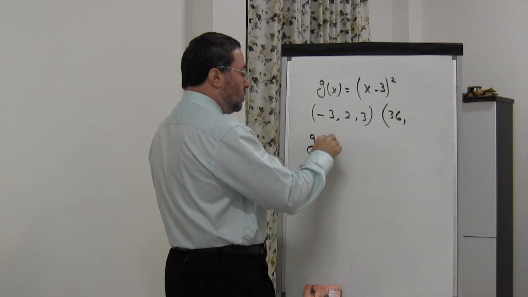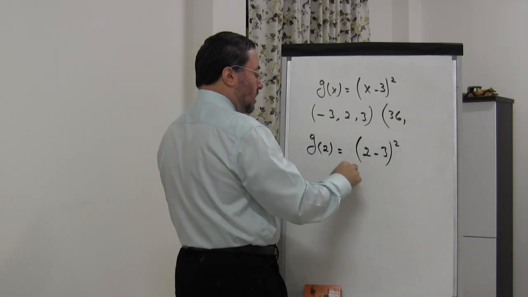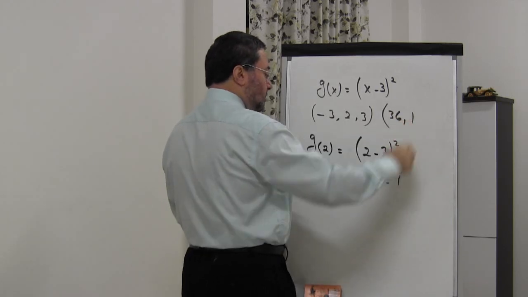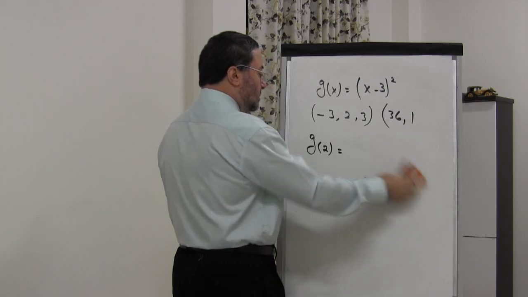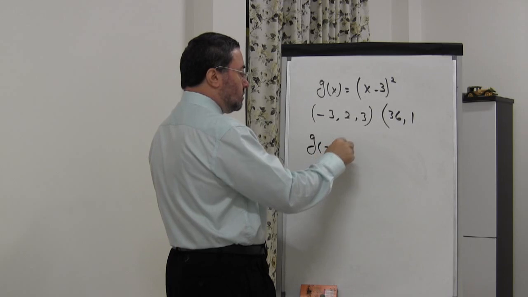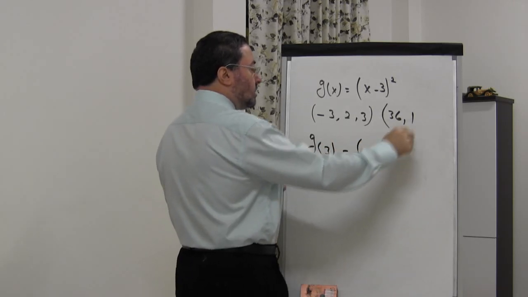Next is g of 2. 2 minus 3 squared, and that's minus 1 squared, and that's 1. And next is g of 3, and that will be 3 minus 3 squared, and that's 0.